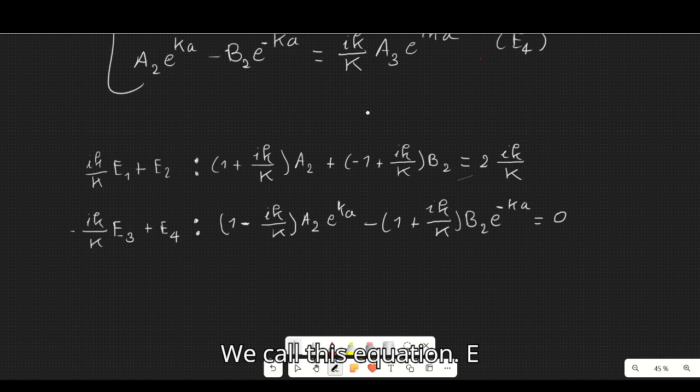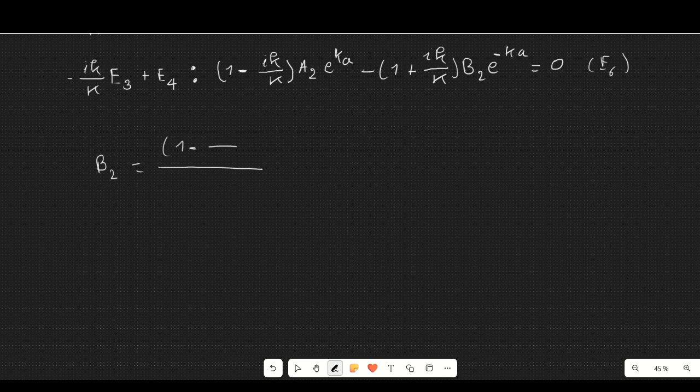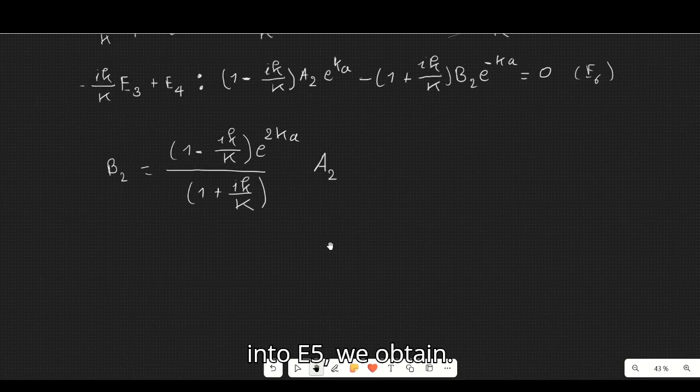We call this equation E5 and this E6. So from the equation E6, we express b2 as small k over big K exponential of K a.